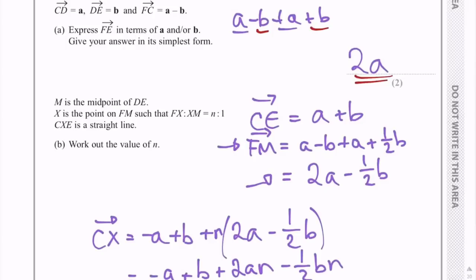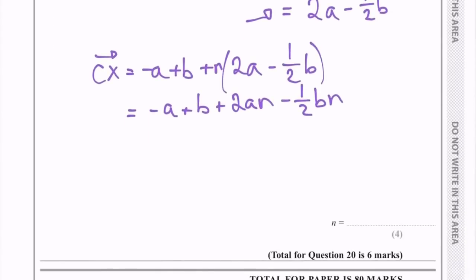Okay. Now what I'm going to do is I'm going to put the a pieces next to each other here, so we can start to have a look at this separately. So if I move the a pieces next to each other, we've got minus a plus 2an and plus b minus half bn. Okay.